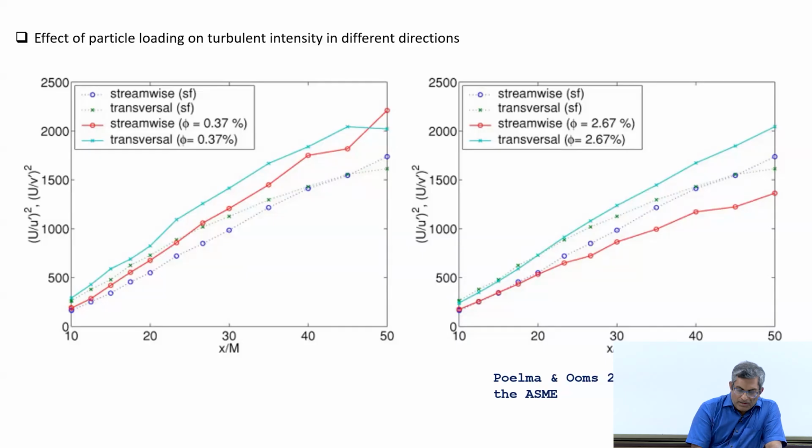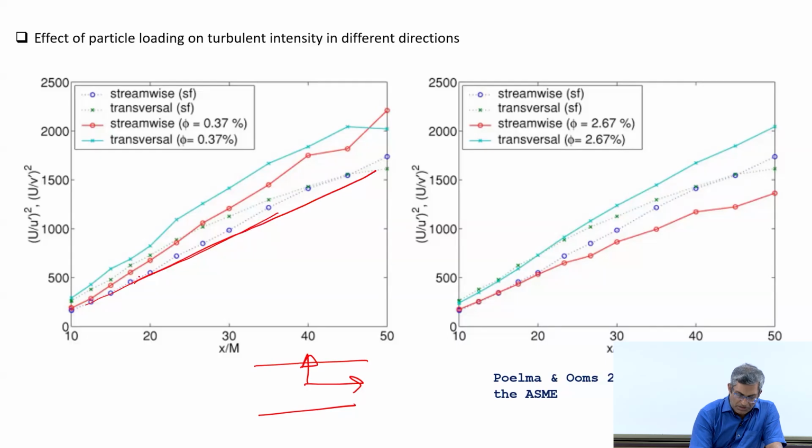So, it depends on the direction also. For example, in this case, this is also a wind tunnel based study. Here you see the blue line refers to the streamwise direction. Streamwise direction means this direction, and this is the cross stream or transversal direction. This shows the turbulent intensity, what happens to it.